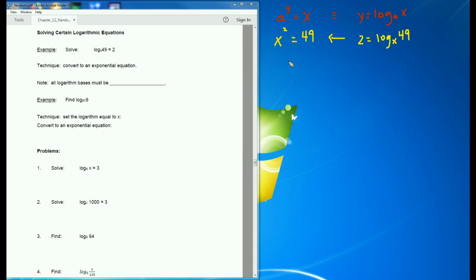All right, so if x squared equals 49, then just using the principle of square roots, take the square root of both sides and then apply a plus or minus. So x must equal positive 7 or negative 7. However, all logarithm bases must be positive.